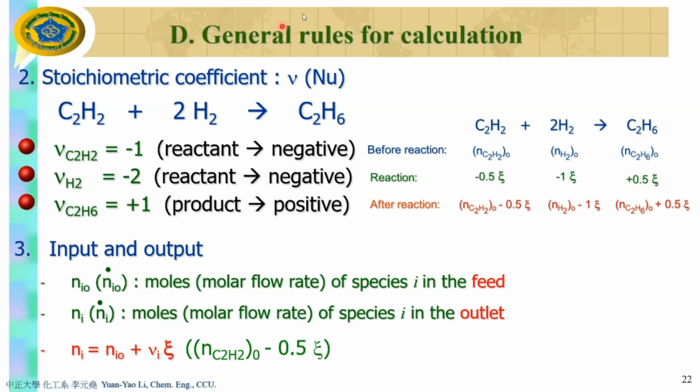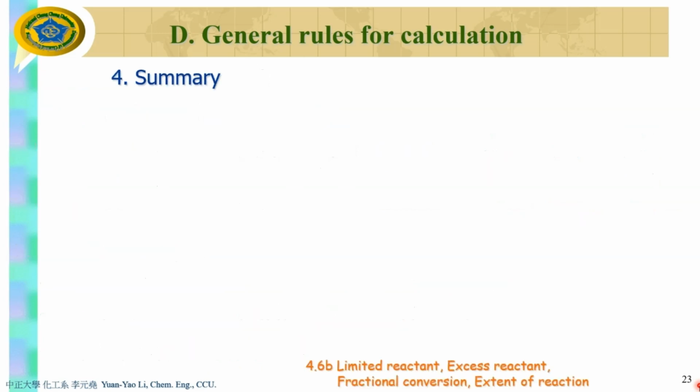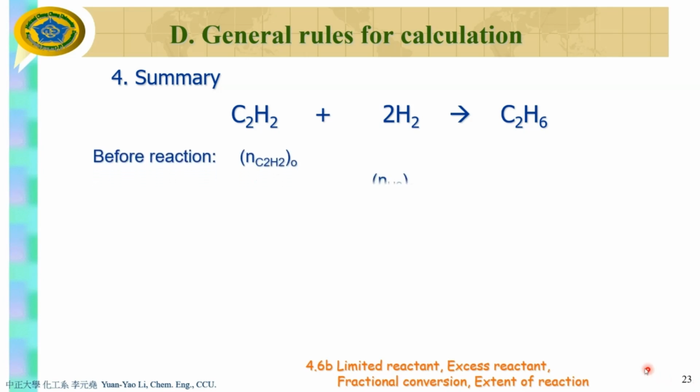Okay, so all the chemical species follow this equation. Right. So let me summarize the general rule of the calculation. Let's repeat what we learned: C2H2 plus 2H2 becomes C2H6. So before reaction, we write the symbols this way.